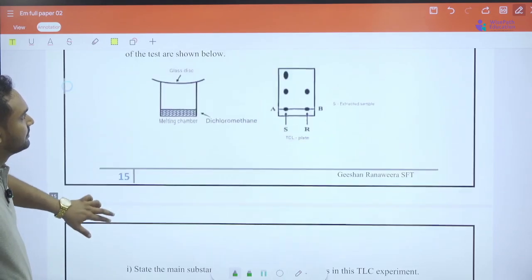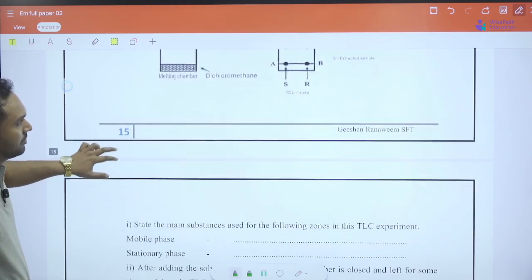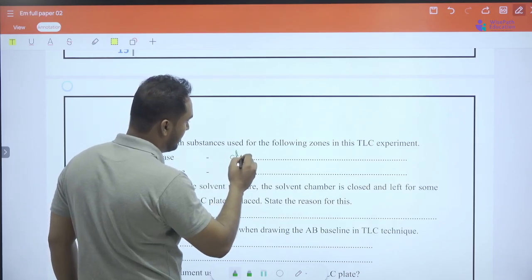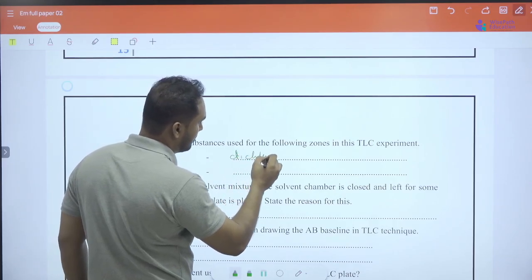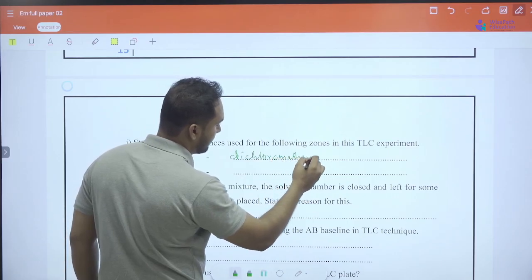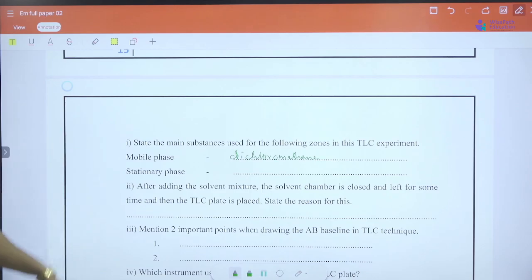Mobile phase, the solvent, right? Which solvent is given here? Dichloromethane. That is the dichloromethane. And the stationary phase of the TLC is what?